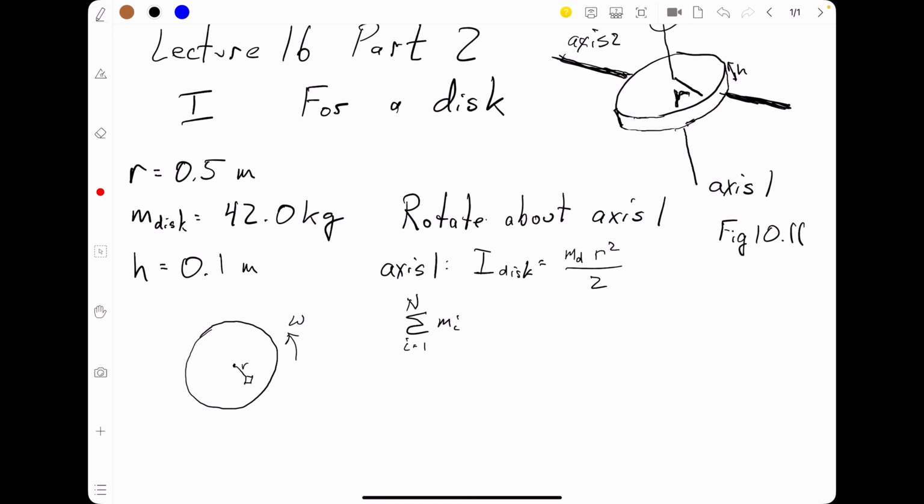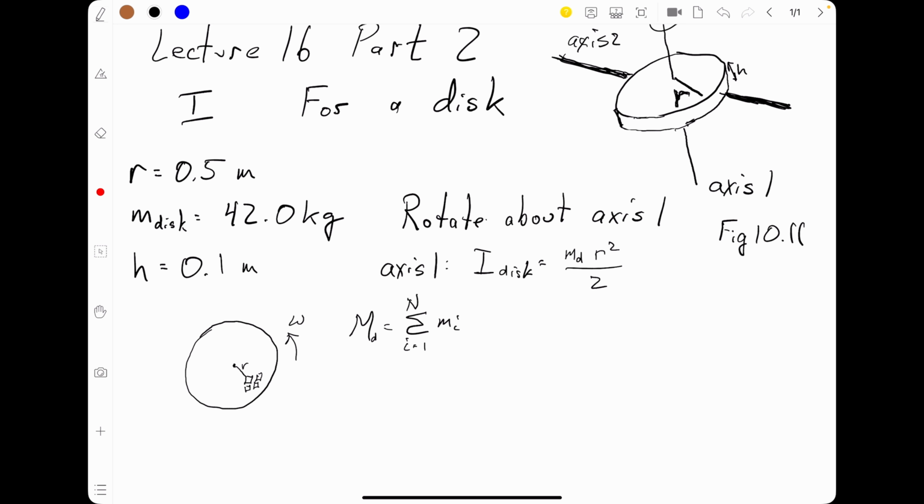So if we put n of these things all together, we would have all the mass, right? And each one of those has an r. So some of the r's are big, some of them are small, and this would be our total mass of the disk.